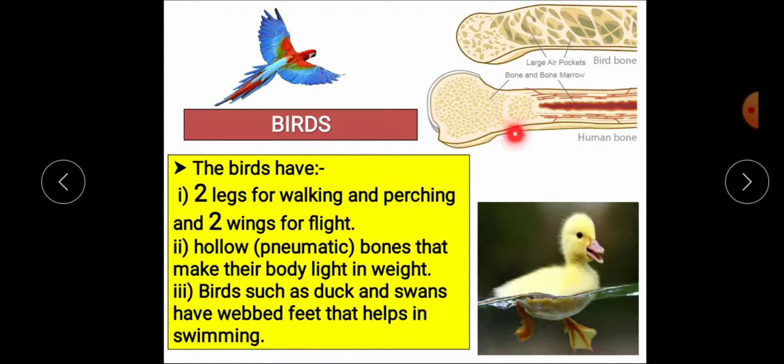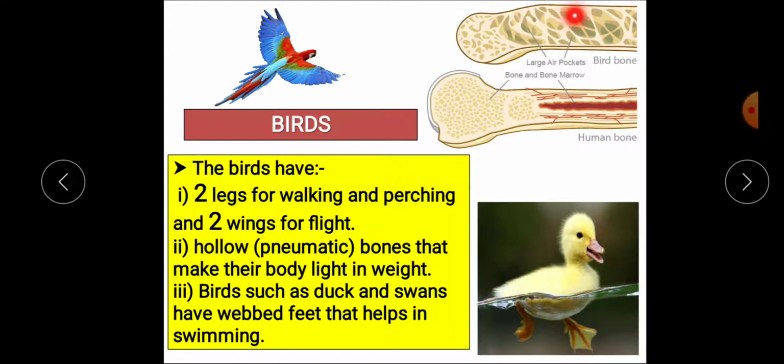Pneumatic bone means they have a hollow part in their bones. Here you can see the comparison between a human bone and a bird bone. A human bone is completely filled with mass and bone marrow, whereas when you see a bird bone, it has certain air pockets. That means these are empty cavities.